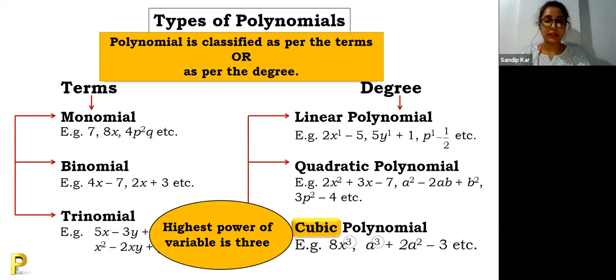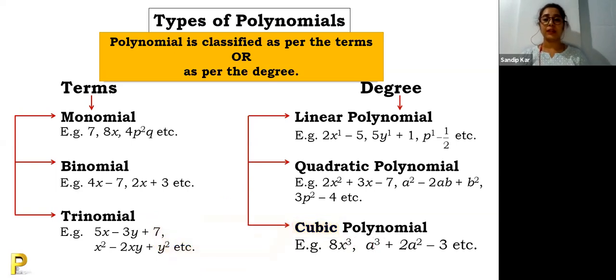Here are some examples. 8x cubed: you can see that 3 is the highest power, correct? So this is a cubic polynomial. In the next one, a cube plus 2a square minus 3, the highest power is again 3. So here we are done with the types of polynomial.